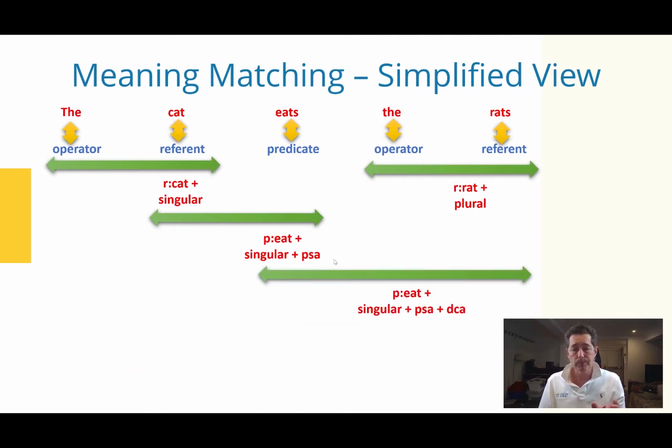Then we're going to match that direct core argument, rats, with eats, because eats, which already has the PSA embedded in it, now is going to get the direct core argument as well. So now we've got a consolidation set with the syntactic elements, and based on that, we can now match and use our linking algorithm for this particular type of predicate, and we get what you can see there, the logical structure for it. And in fact, in the real world, you'll see this is an active achievement, and we're going to get another meaning-based element.